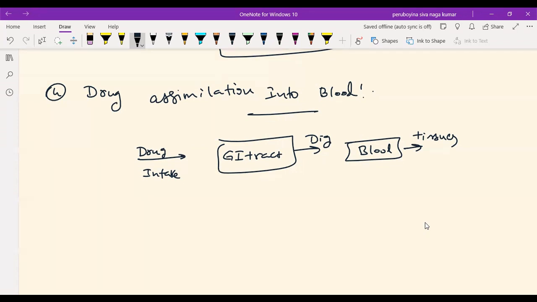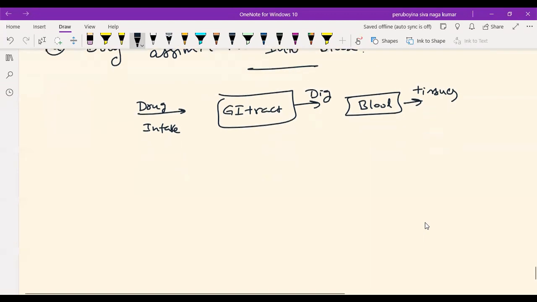So in this process, the rate of change of drug in the GI tract is equal to the rate of change of drug intake minus the rate of change of drug leaving the GI tract.